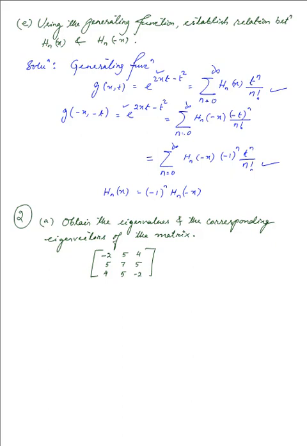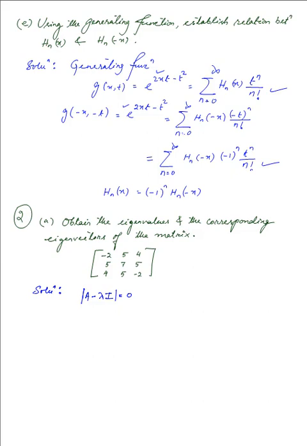Now in order to obtain the eigenvalues, let us take this matrix as A. The eigenvalues are obtained when we take the determinant of A minus lambda times the identity and equate it to 0, and from that we obtain the value of lambda, which gives us the eigenvalues.